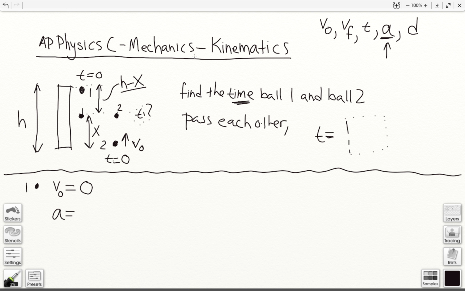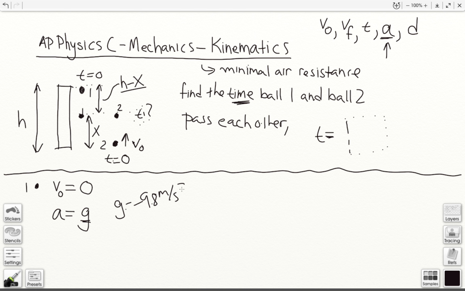One assumption we'll have to make, since problems will usually state it, is that there is minimal air resistance. Basically that means it is okay to assume our acceleration is the constant for free fall g, where g is negative 9.8 meters per second squared.